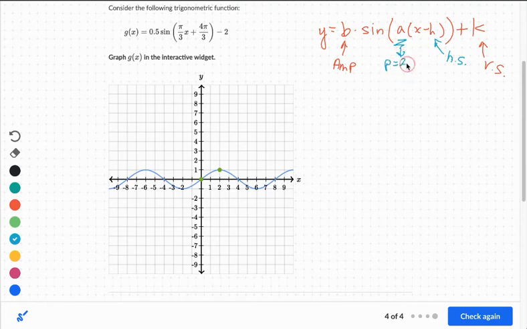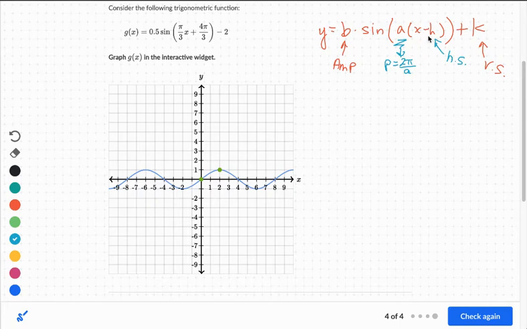The period is 2 pi divided by the a, and if we want to think a second what this means, this a is the reciprocal of the scale change. So if the a were 3, the period would be 2 pi, what it normally is, divided by 3, 3 times as small. And that shouldn't be any big surprise, because this h works the opposite way too.